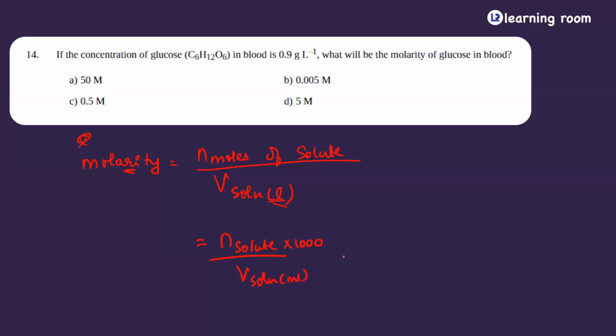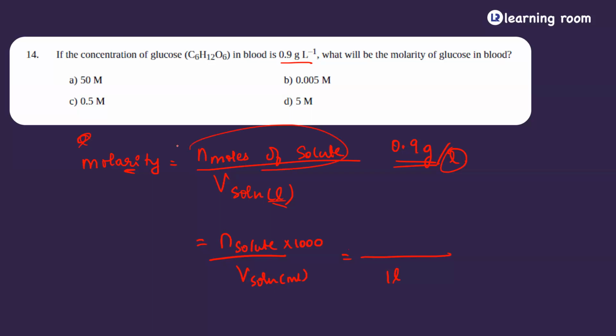Clear? The solute has 0.9 gram per liter. Correct? So 1 liter of solution weighs 0.9 grams. What do I need? Volume of solution is already given, which is 1 liter.